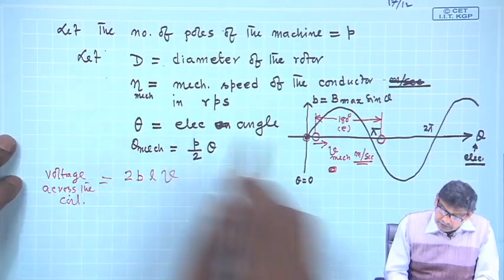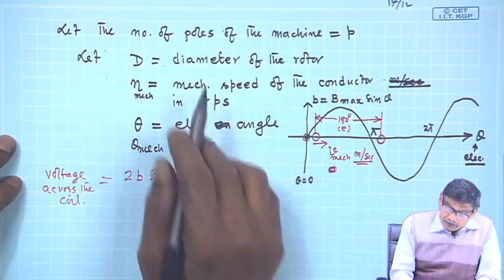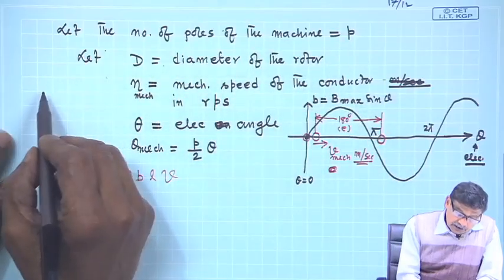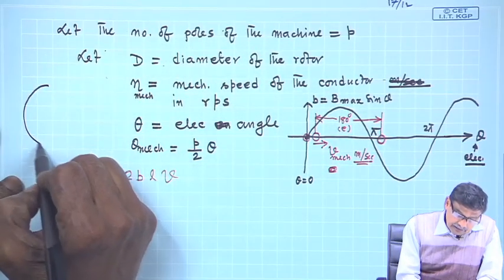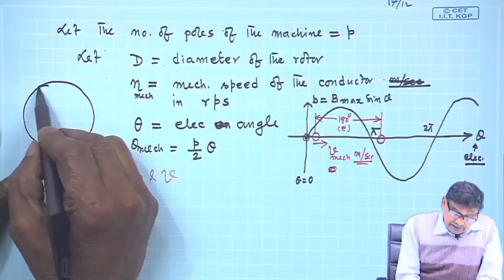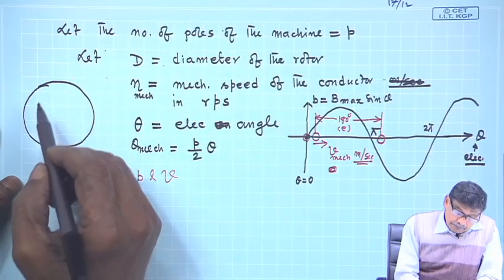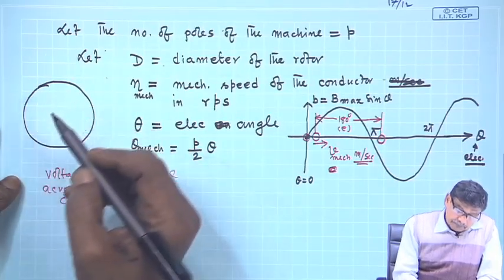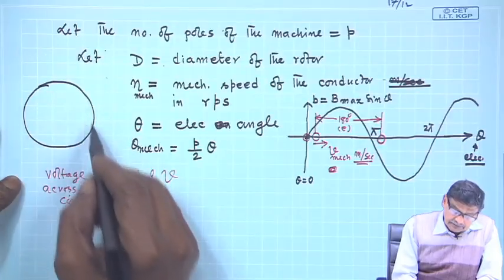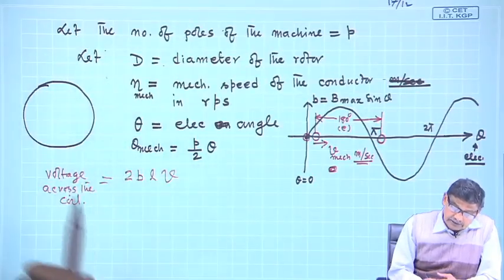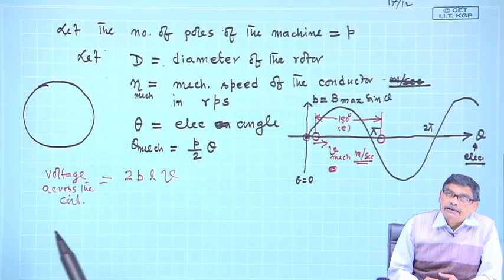So, I was trying to derive an expression of the induced voltage in a single coil, okay, where the distance between the coil sides is 180 degree electrical.